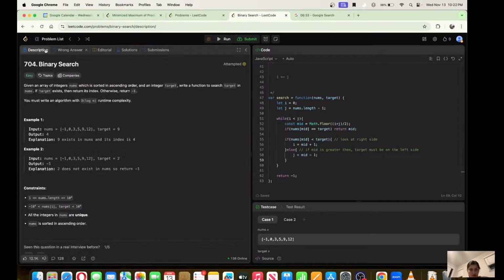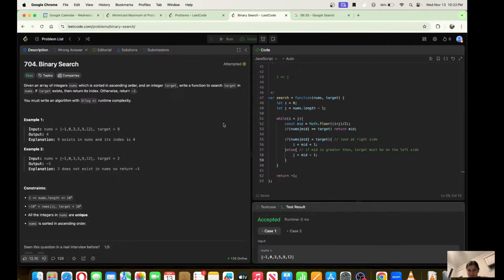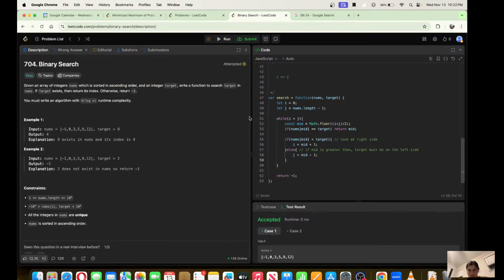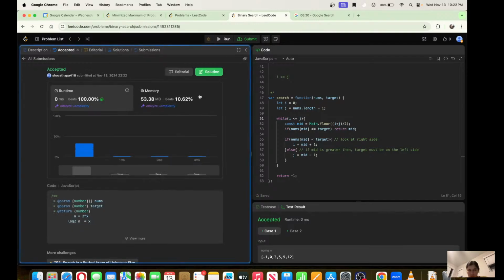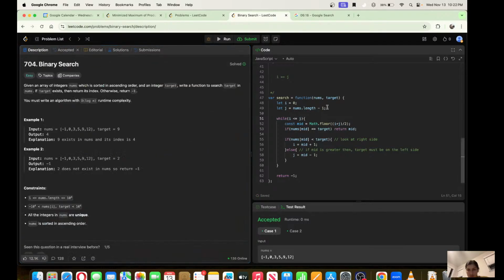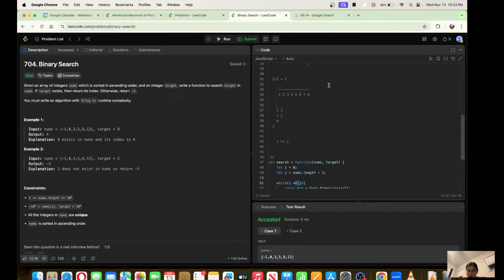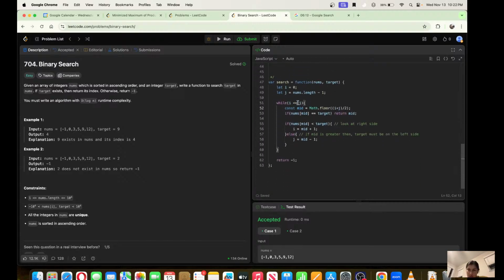Wrong answer, really? Okay, it's accepted. But even if it is equal, sometimes it might be, I should still look even if it is equal, right?